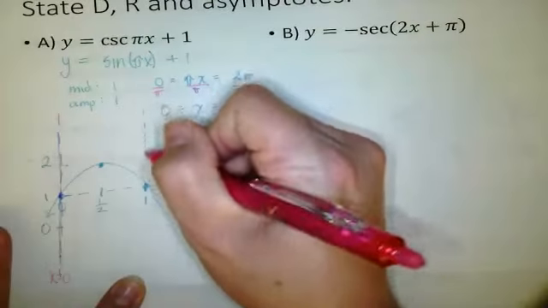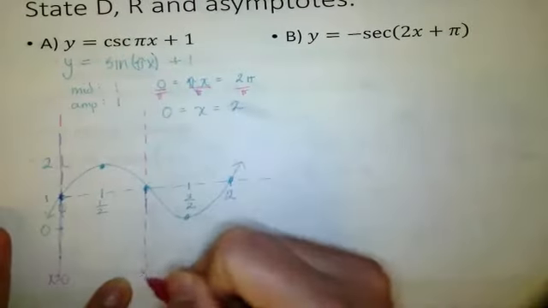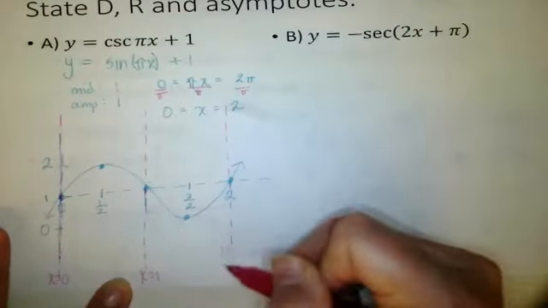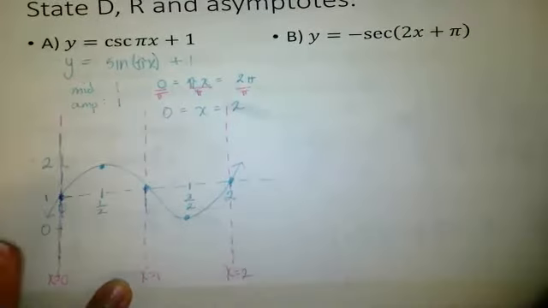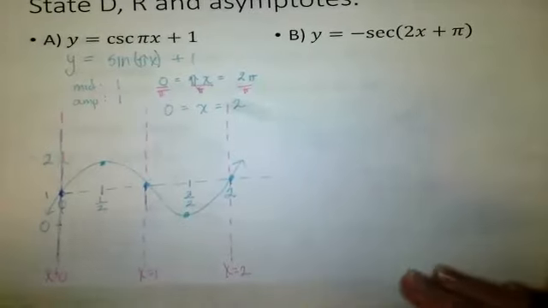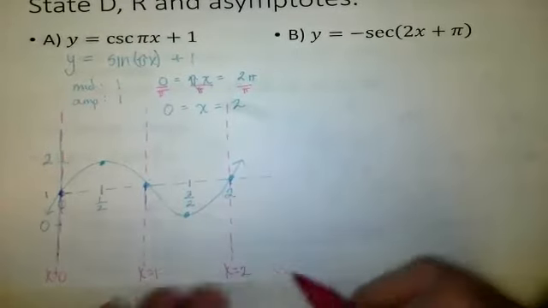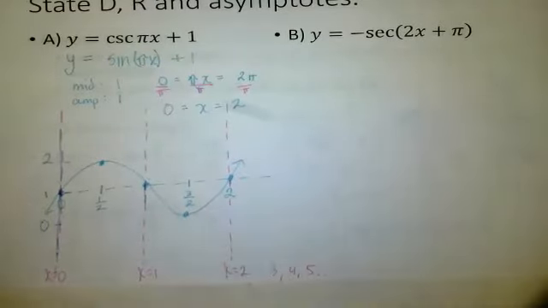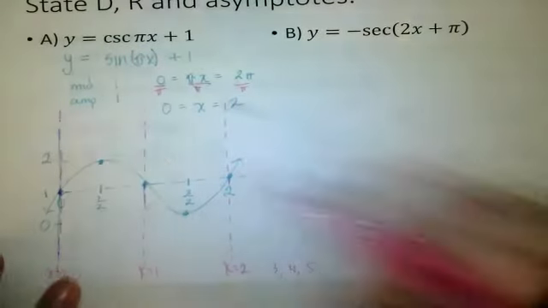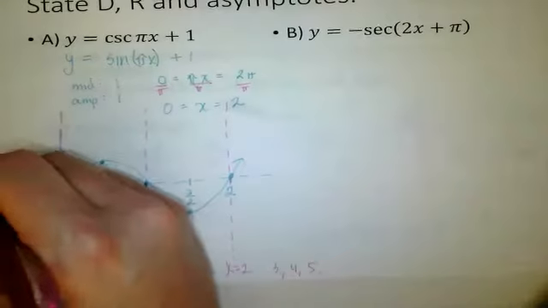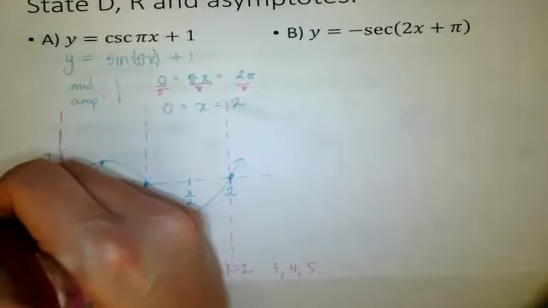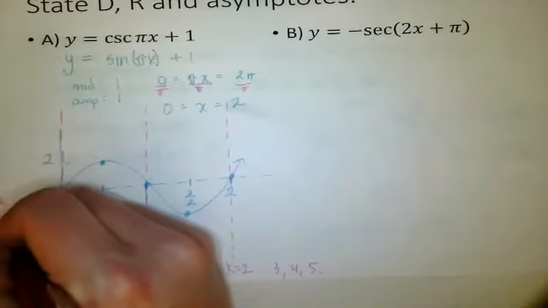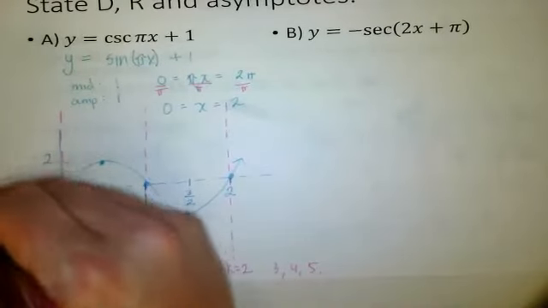At x equals 1, and at x equals 2. Where else might we have vertical asymptotes? x equals 3, 4, 5. In fact, all of our vertical asymptotes occur when x equals k, where k is an integer. Very good. That's all I care about right now.